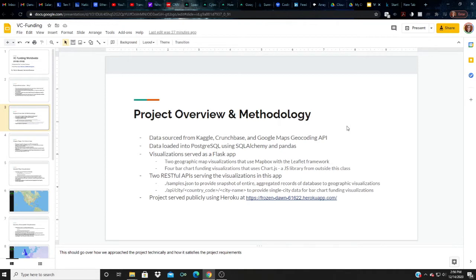So we built a Jupyter notebook that pings the geocoding API and gets the coordinates for each of those cities, so that we can put the markers on the map in the right spots. And then we put the data into Postgres using SQL Alchemy and Pandas because it is a Flask app.